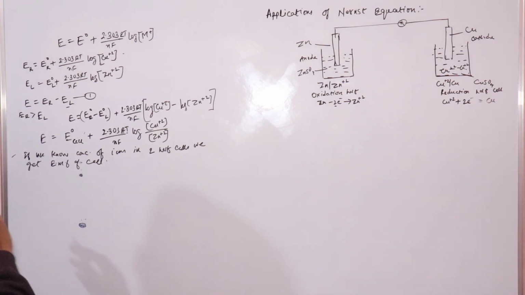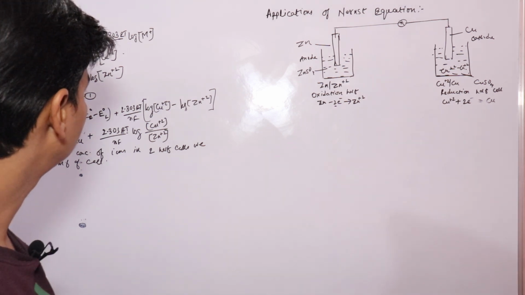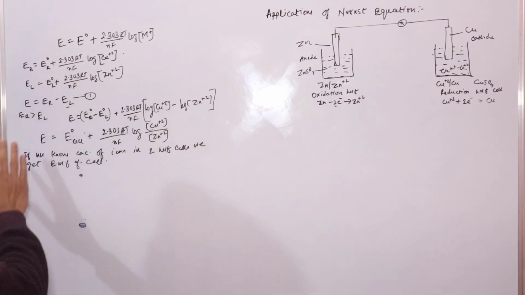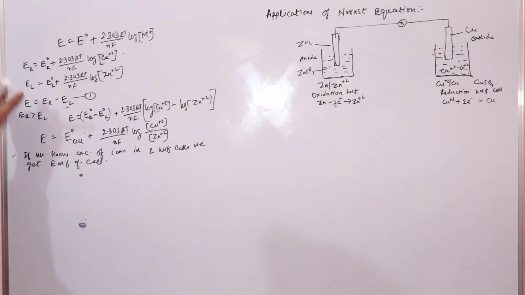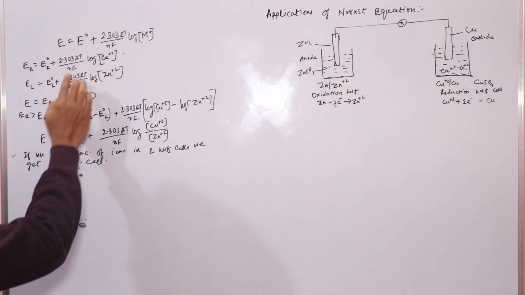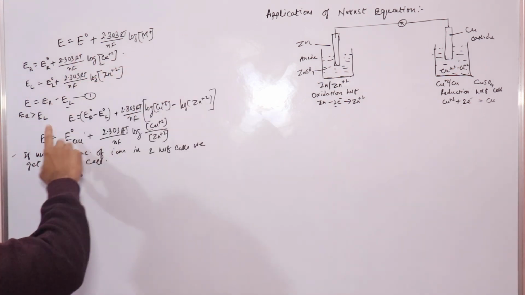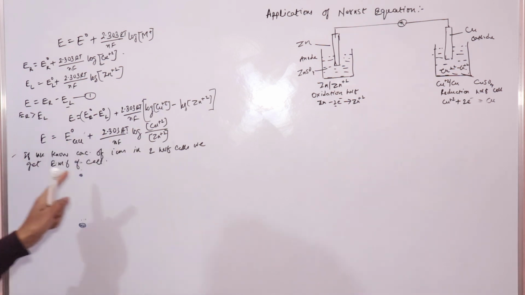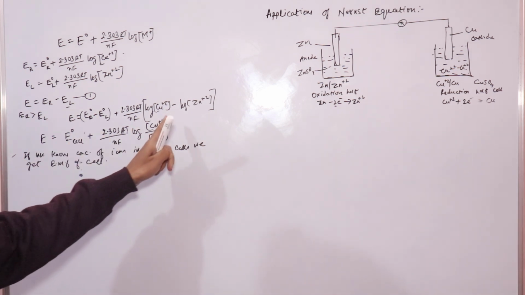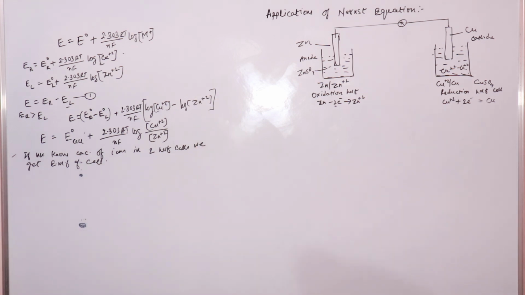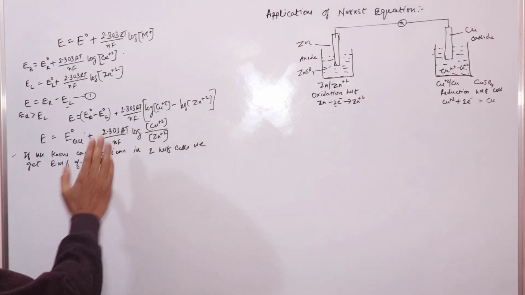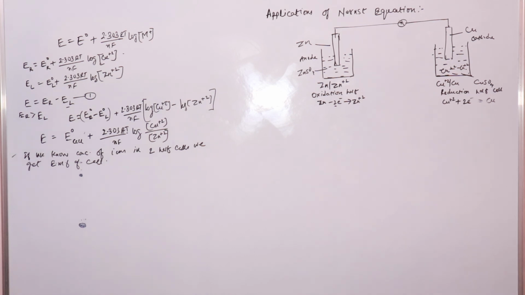Now this is the easy way to calculate the EMF of the cell, and we are already aware of all these formulas. We just have to substitute the values of the right hand and left hand electrodes and you will get the EMF of the cell. And we concluded that once we know the concentration of ions in the two half cells, we will get to know the EMF of the cell.